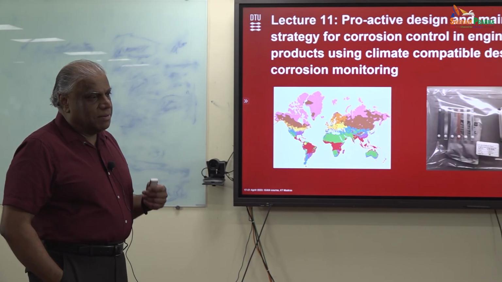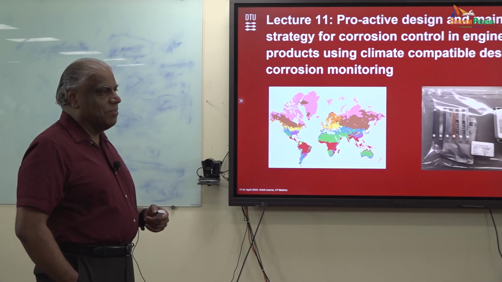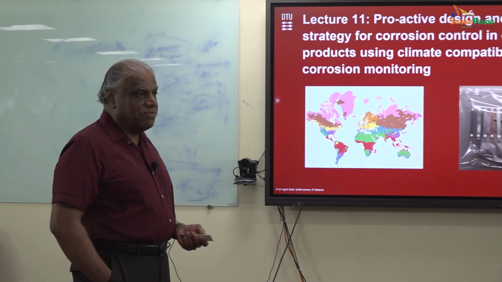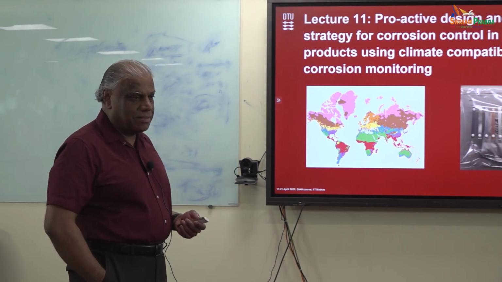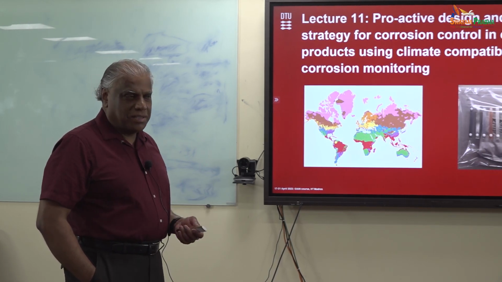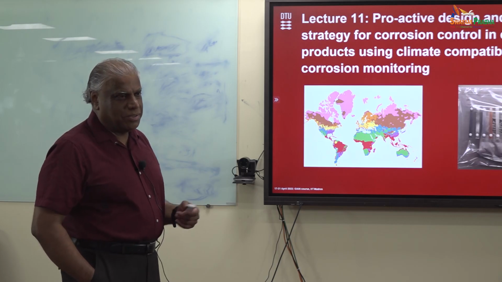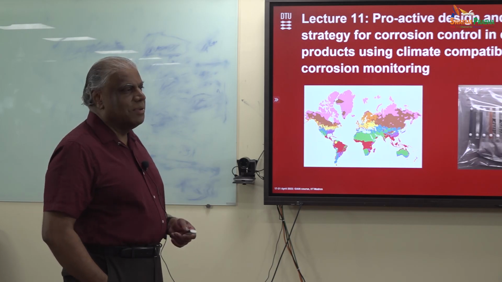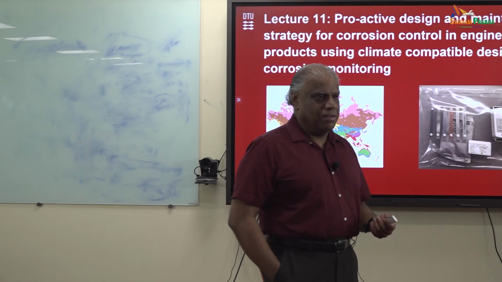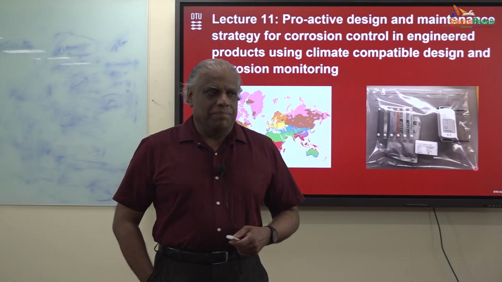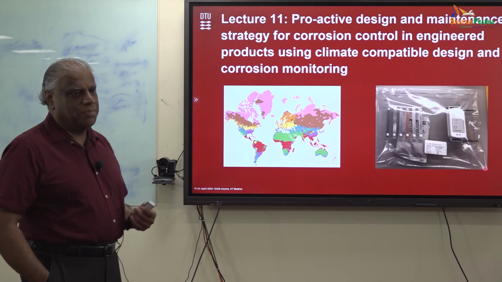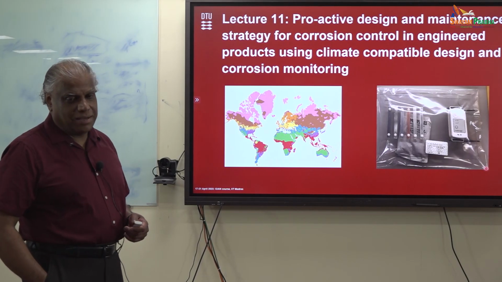In this course, we started from the beginning, discussing corrosion, right? Corrosion is an application-oriented field. So there is corrosion science and there is corrosion engineering. We discussed corrosion science, a little bit of the fundamentals of corrosion, thermodynamics, kinetics, the electrochemical basis of it. With that as a basis, when you try to make a product that is protected or has less corrosion susceptibility, that's what we call corrosion engineering.